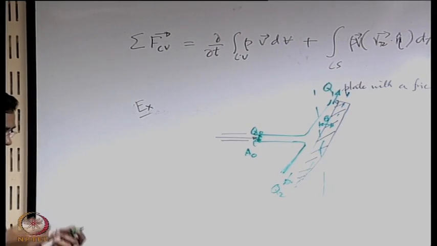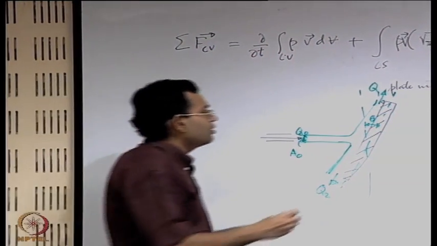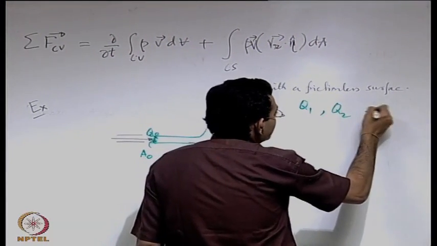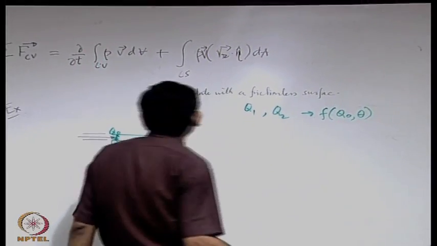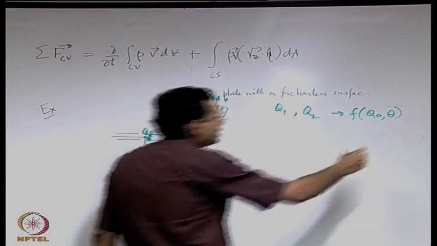So what are the considerations that you now could apply for finding out? So what is our objective? The objective is to find out Q1 and Q2 as a function of Q0 and theta. That is our objective.